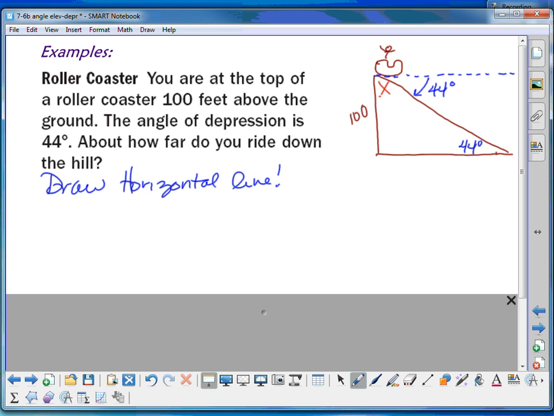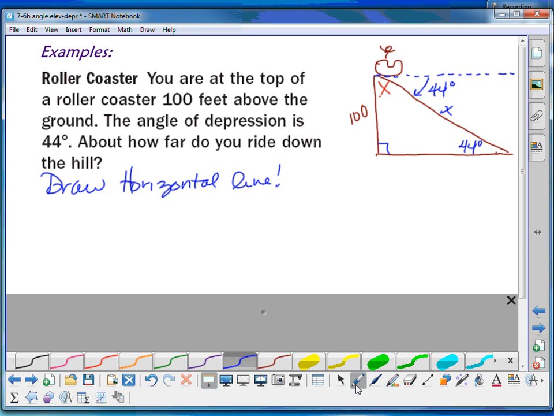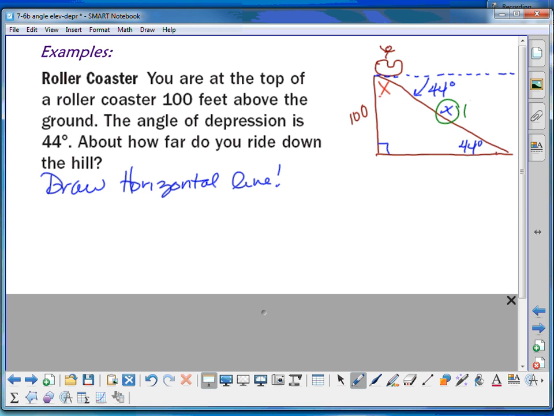All right, so the angle of depression is 44 degrees. How far do you ride down the hill? Well, do you ride down the hill on the hypotenuse, or do you ride on the ground? You ride on the hypotenuse, so x is going to be right here. Now I can see that I have my hypotenuse and I have the opposite. Sine is opposite over hypotenuse, so we're going to use the sine of 44 is 100 over x.